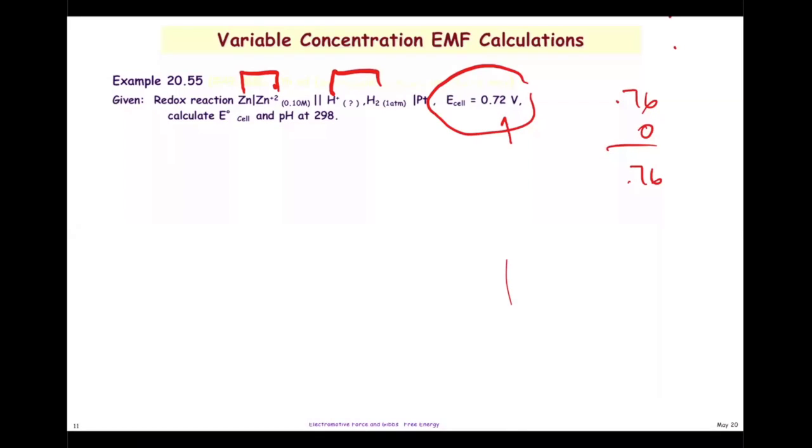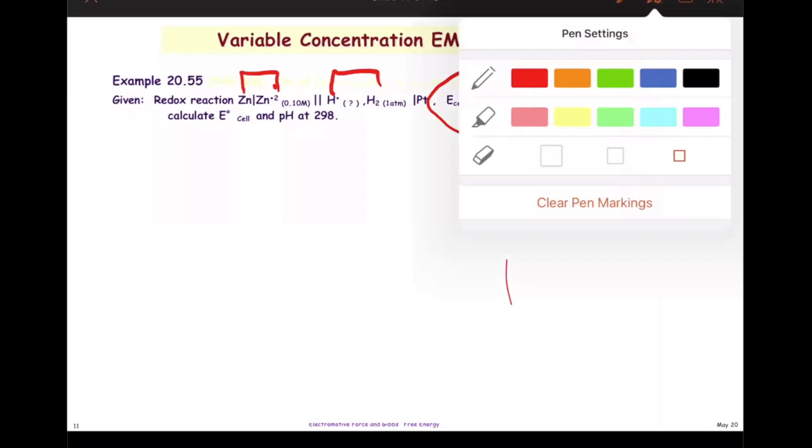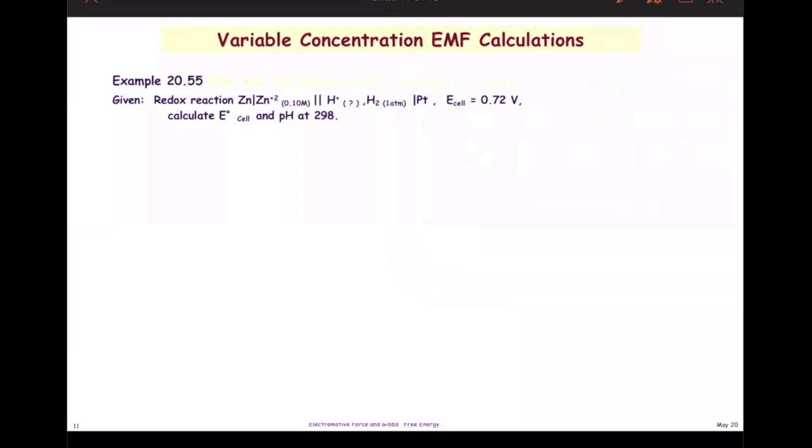So let me show you how this is set up so that you can see how this works. This problem is actually a very important problem because it shows you how a pH electrode works. For those of you who have lab and you are calibrating the pH electrode, remember you put it in pH 4 and then you say calibrate now, and you're reading a voltage reading in Logger Pro.